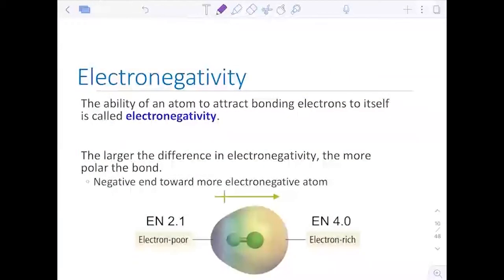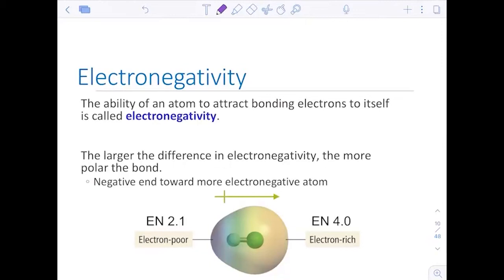So electronegativity is the ability of the atom to attract bonding electrons to itself. That's what we want to be able to see. The larger the number, the more likely that atom wants electrons. Now, the larger the difference in electronegativity between two atoms in a bond, the more polar the bond is.